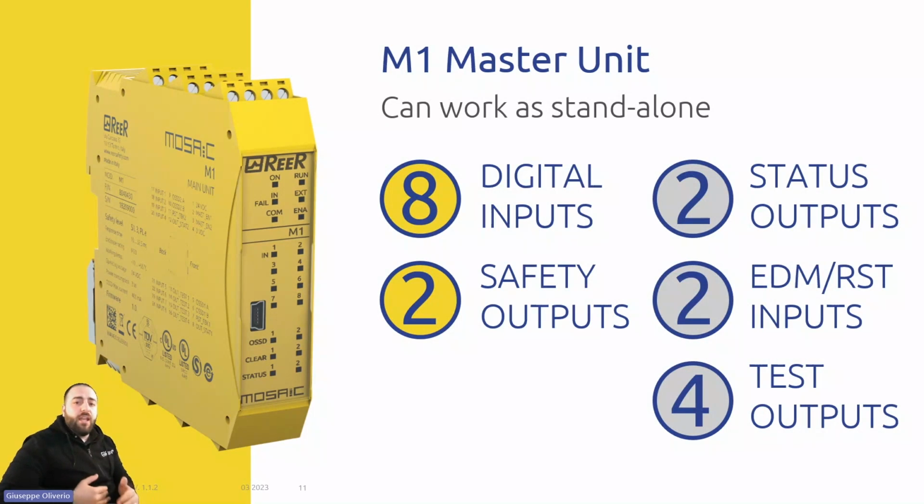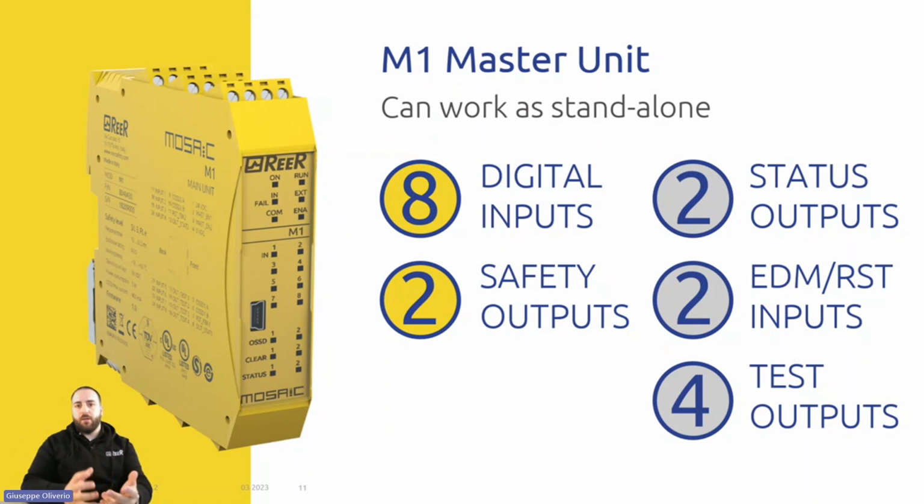Then we have 2 dedicated inputs for the EDM function, so feedback control or reset function. So mainly as input pins, we have 10 inputs, of which 2 you can use as inputs for feedback or reset. And then we have 4 dedicated test outputs.